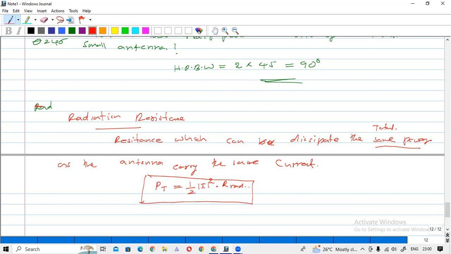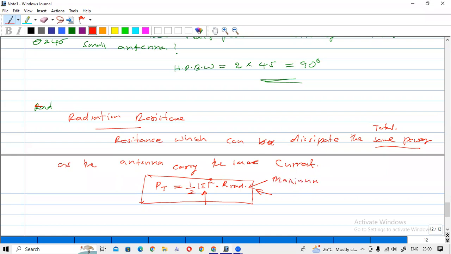This radiation resistance can be defined in two ways, depending on the current. Sometimes you consider the maximum current.